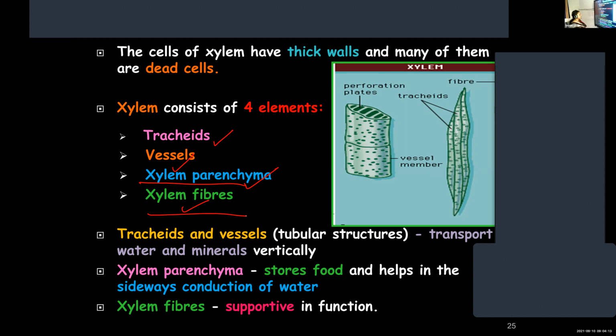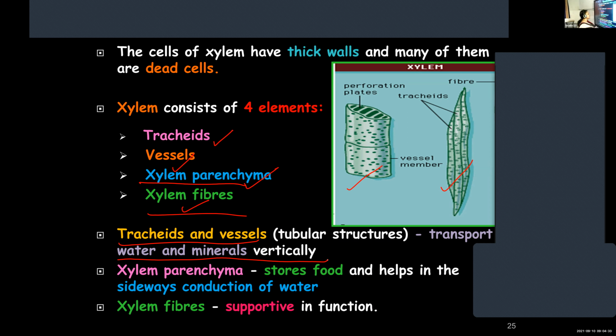Now let's see the functions of each. Tracheids and vessels, as you can see in the figure, are tubular structures. They help in transporting water and minerals vertically. Xylem helps in the transport of water. Phloem helps in the transport of food.